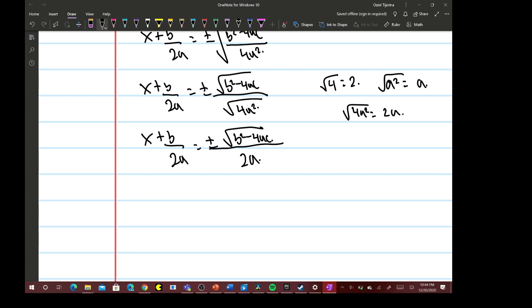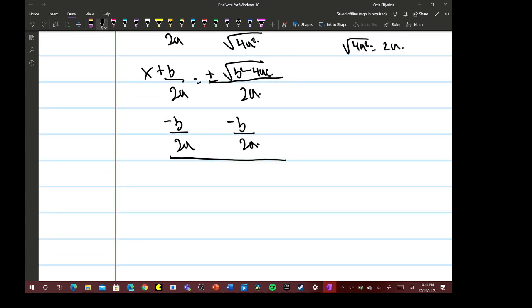And then finally, we can say minus b over 2a on both sides. And we can say x equals negative b over 2a plus or minus the square root of b squared minus 4ac over 2a.